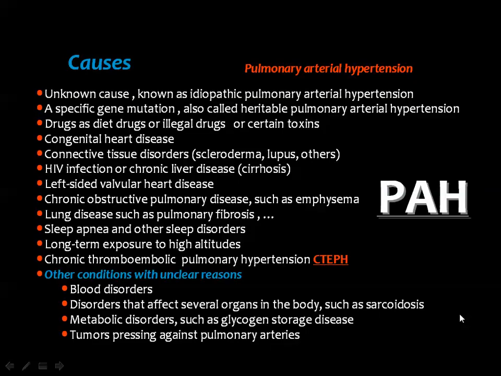Then we shift to the third issue. We have finished the pulmonary embolism and chronic thromboembolic pulmonary hypertension. Then we come to pulmonary arterial hypertension.